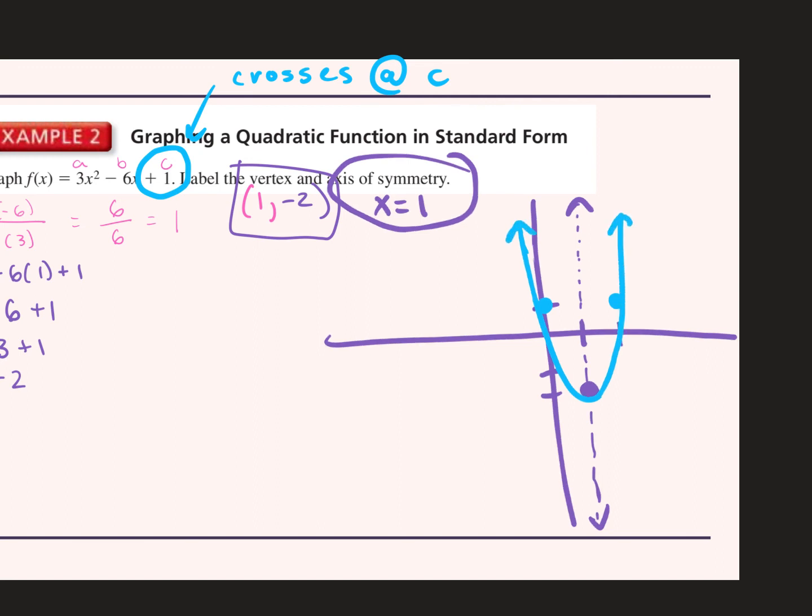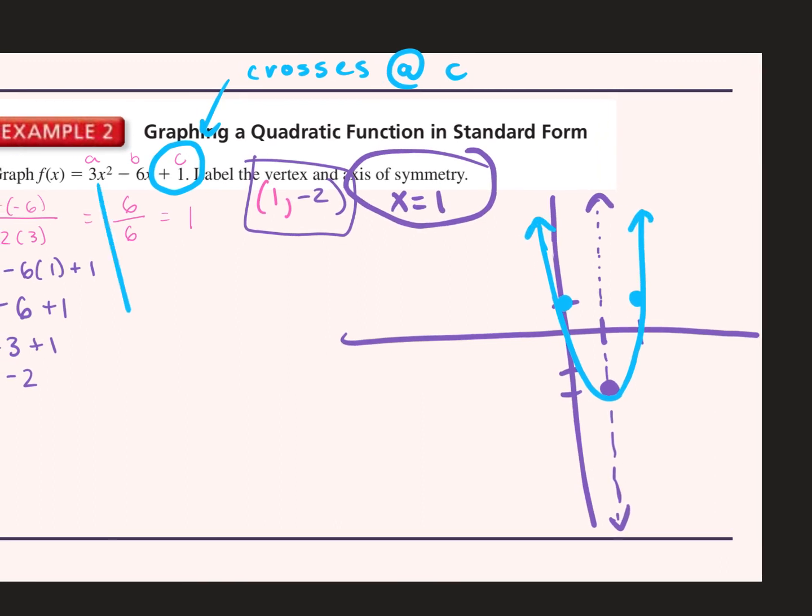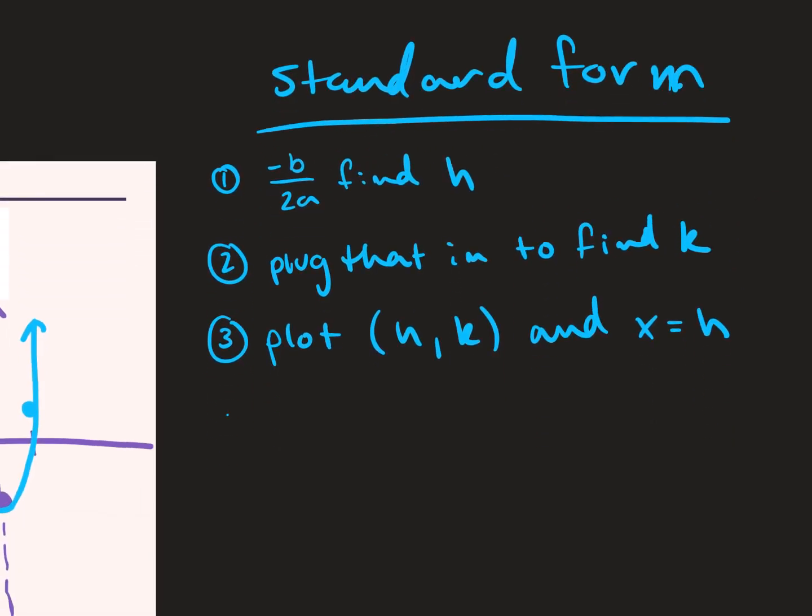And then we're done. We know that it opens up because our A is positive. So when A is positive, it opens up. So we knew it was going to open up before we even graphed it because A was positive. And then step 4 would be to plot the y-intercept, which is C.